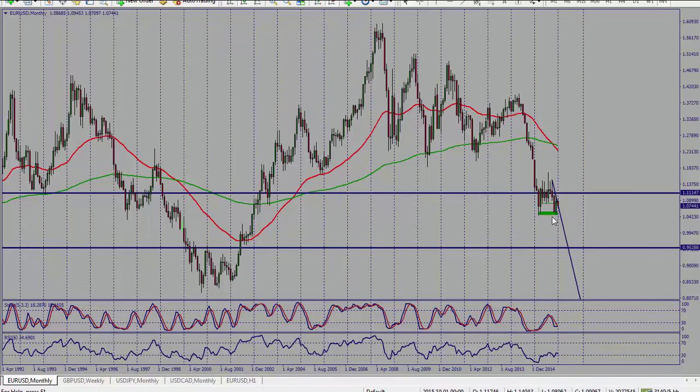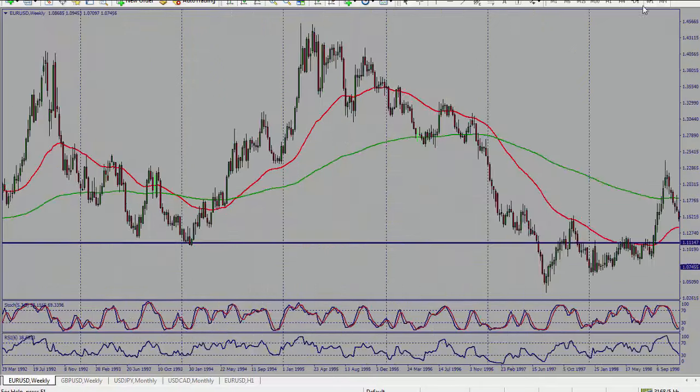So if we take out this low, price is most likely going to head to 1-to-1 with the dollar. That doesn't look like it's a million miles away by just looking at this chart technically. We are in a very strong downtrend, so it's going to take a significant amount of money to reverse this trend and start heading up again.